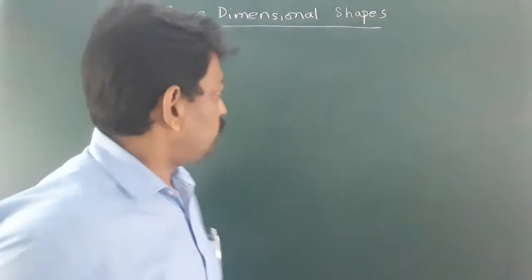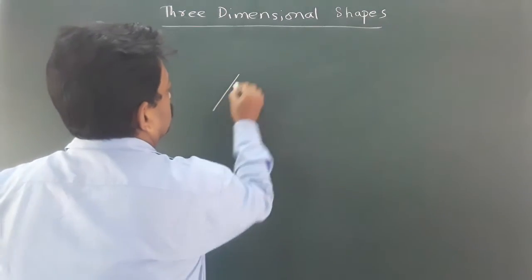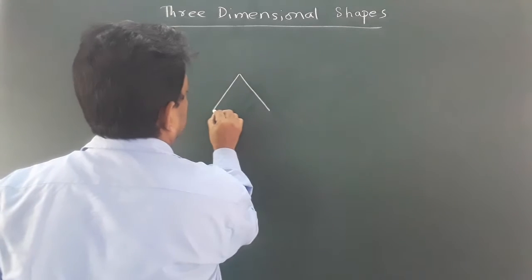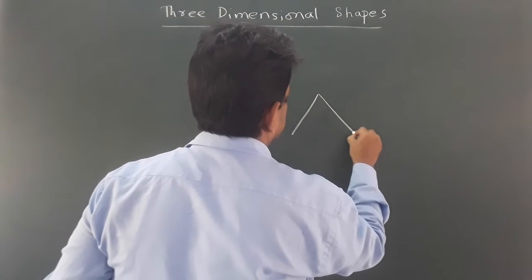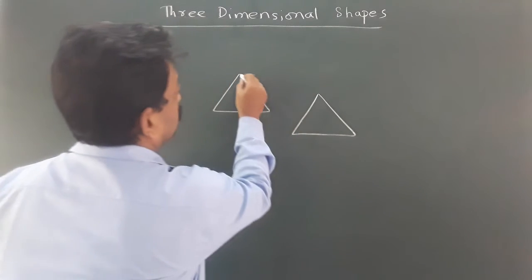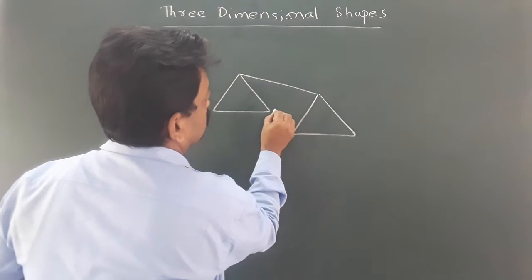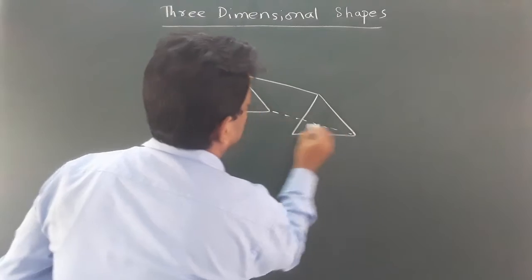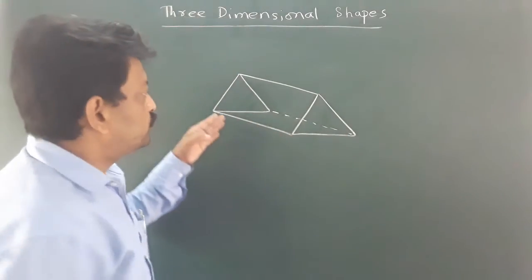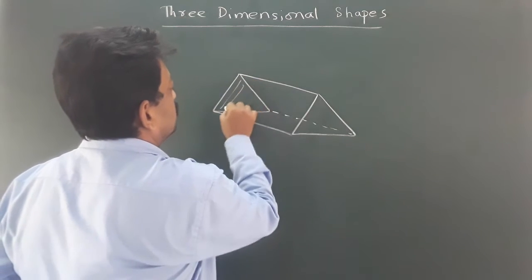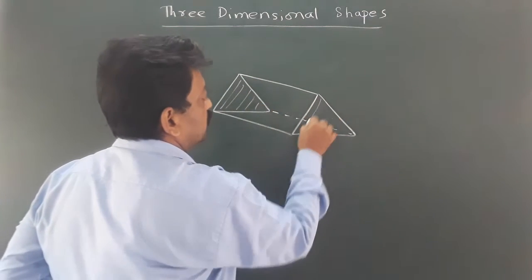Similarly, this is also a prism whose faces are triangles. These are the two faces, this one and this one.